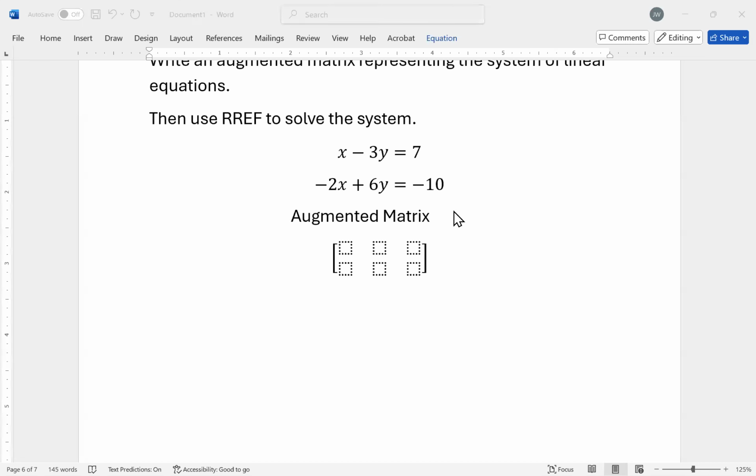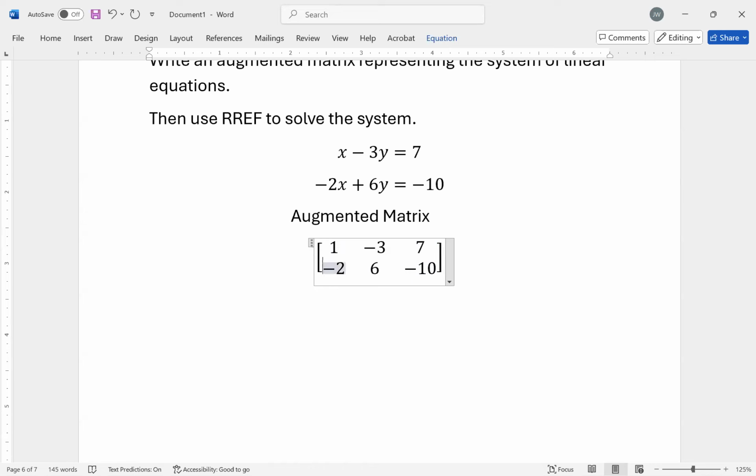All right, let's go ahead and do this one. My augmented matrix is going to be 1, -3, 7, and then -2, 6, -10. So the first row is 1, -3, 7. The second row is -2, 6, -10.